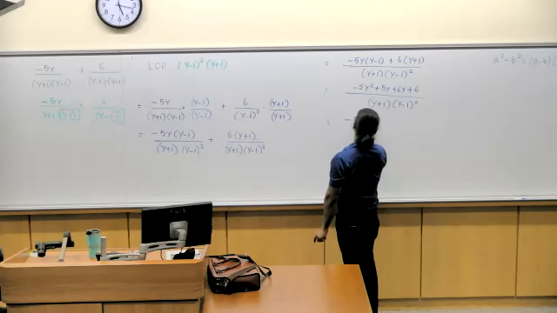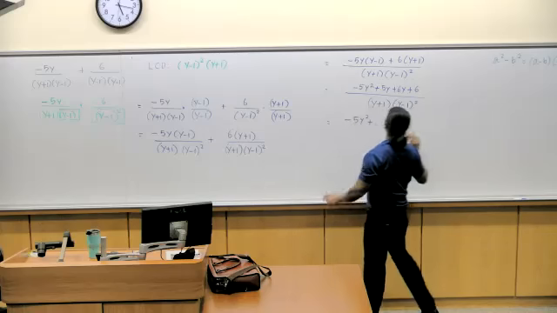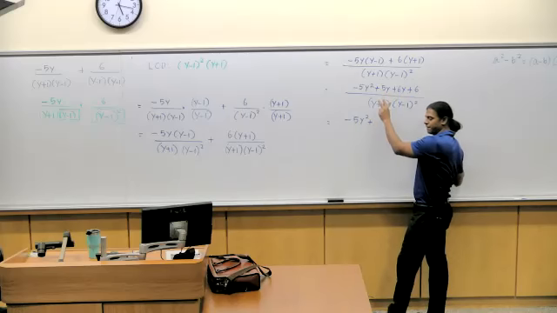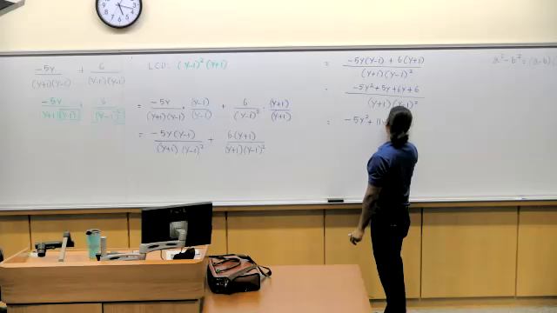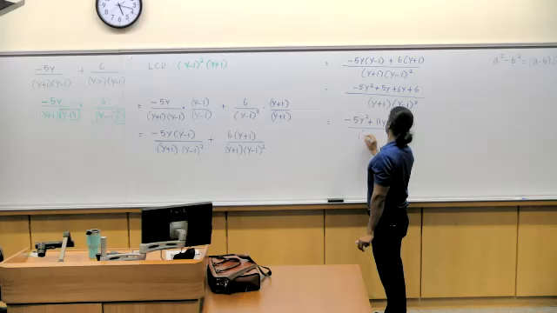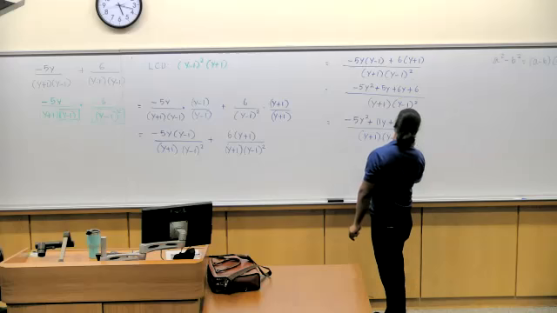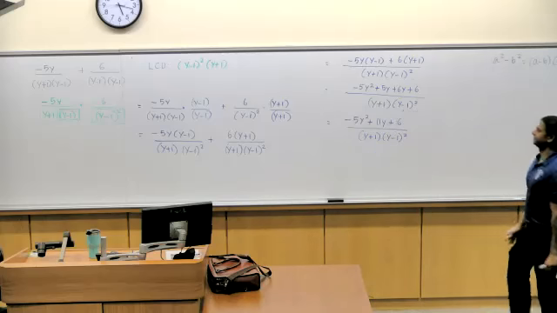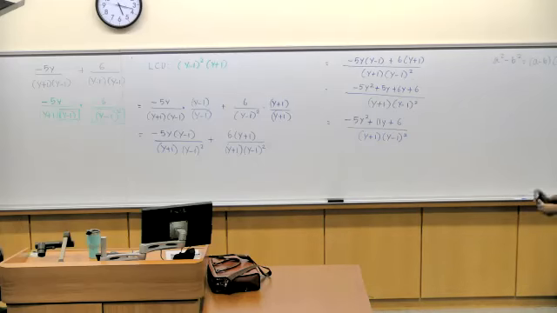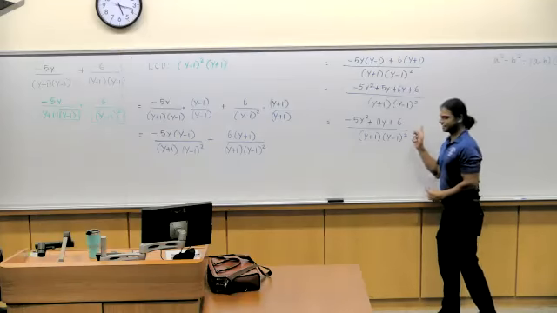So negative 5y squared, 6y plus 5y is 11y plus 6 divided by y plus 1 times y minus 1 squared. Good. We can't factor this further.